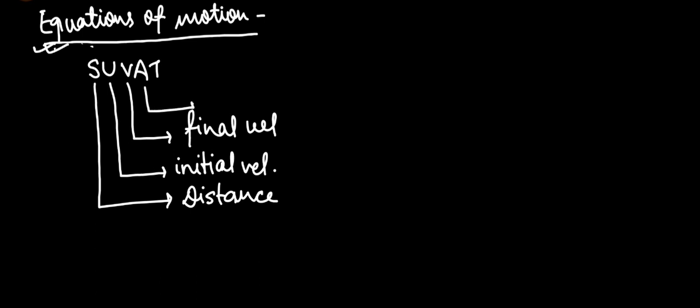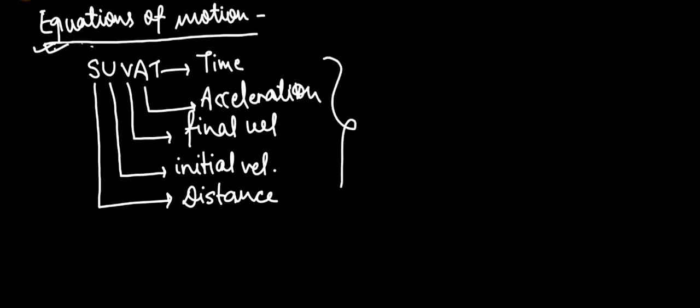A means acceleration, and finally T means time. So in the three equations of motion, we will be discussing these five terms. We will be finding the relation among these five terms in the three equations of motion.